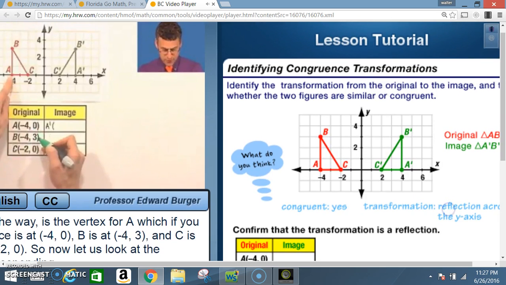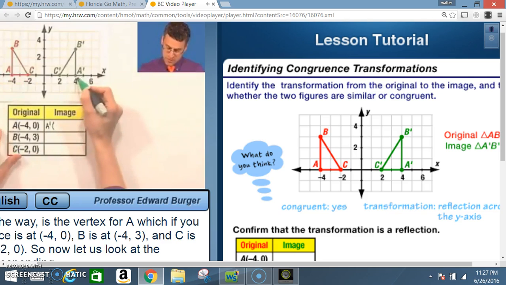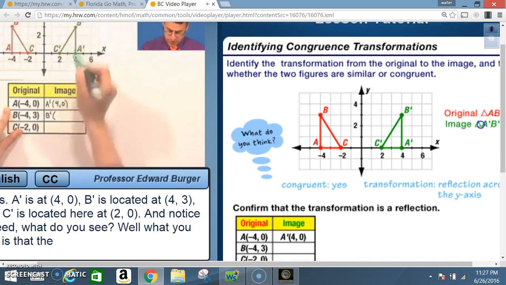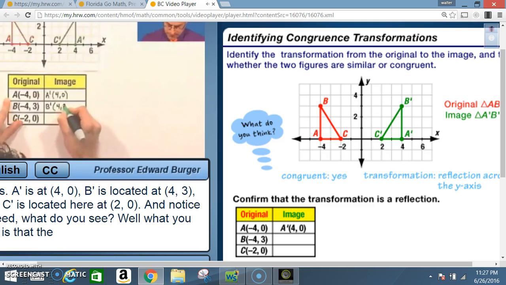B is at (-4, 3), and C is at (-2, 0). So now let's look at the corresponding ones. A prime is at (4, 0). B prime is located at (4, 3), and C prime is located here at (2, 0).